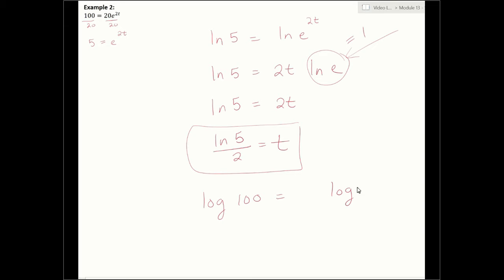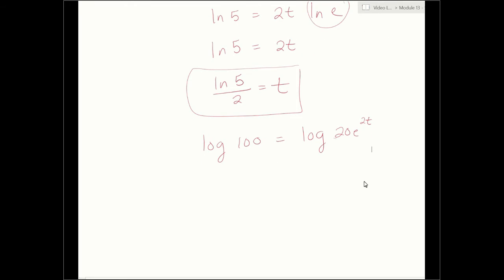I think I'm jumping ahead of myself here, because there's actually something. I can't pull that 2t out yet. This 2t is not the exponent for the entire thing.